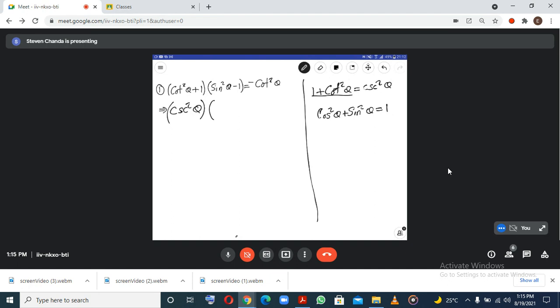So you are thinking, one has to come to the left and cos squared theta has to go to the other side. So you say, okay, this is what I will do. Negative cos squared theta is actually equal to that. So you put it here.